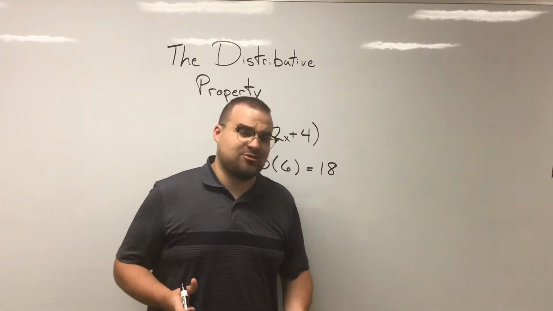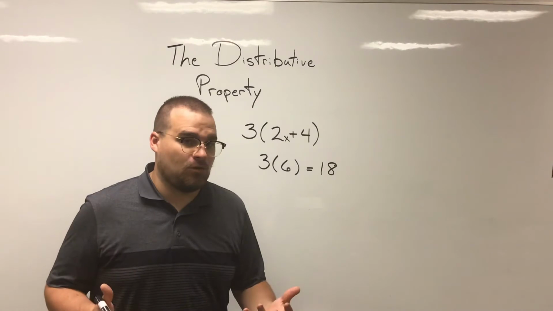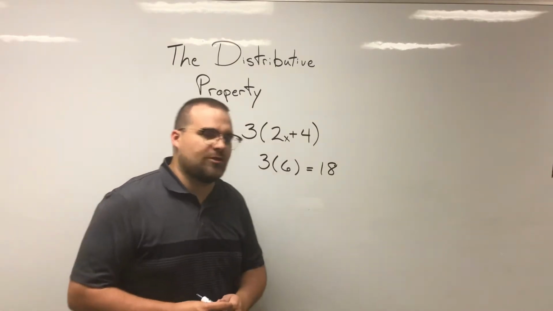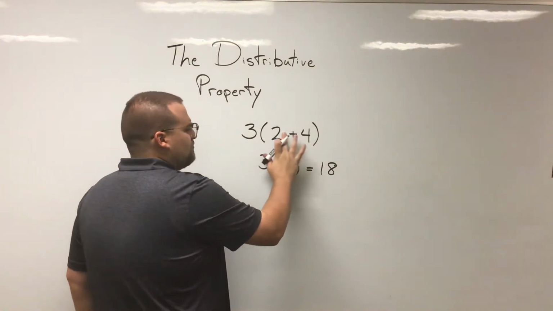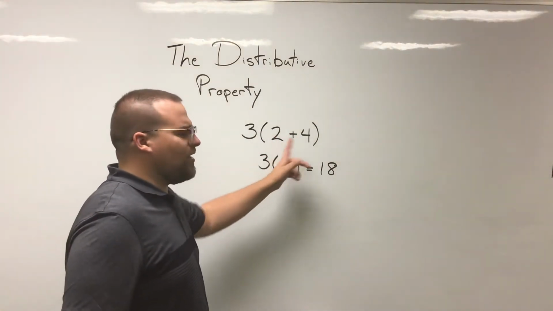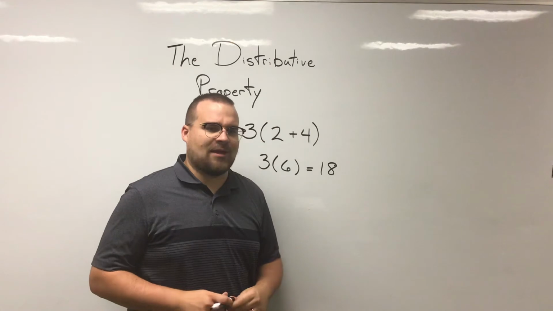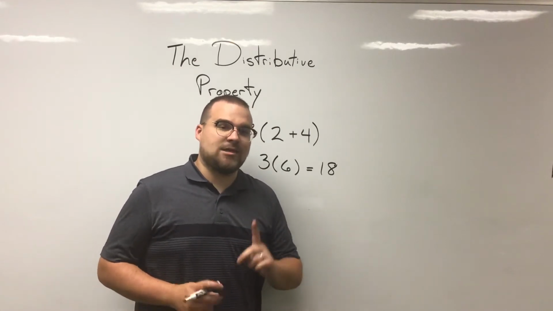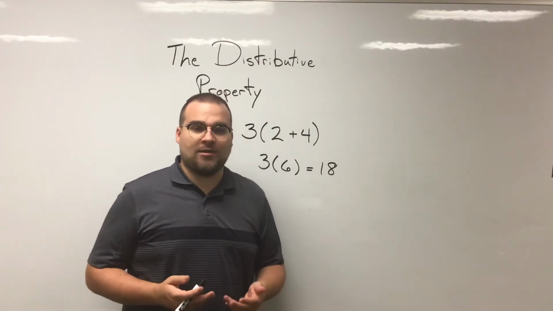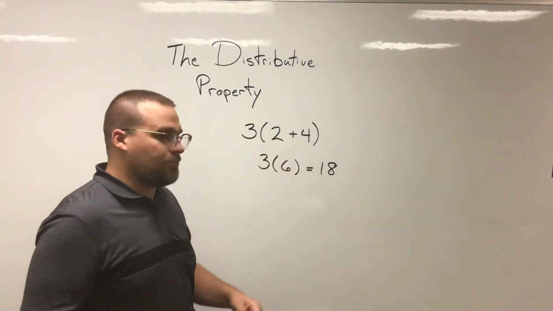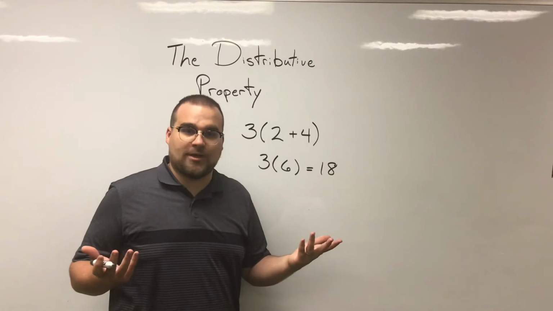So can we just not do anything with the expression at all? This is where the distributive property comes in. The distributive property says, yeah, you would probably go ahead and add those and then multiply by the 3. But you don't have to. There's an alternative way to go about simplifying this problem than our traditional order of operations.